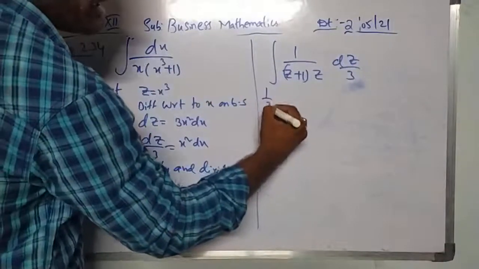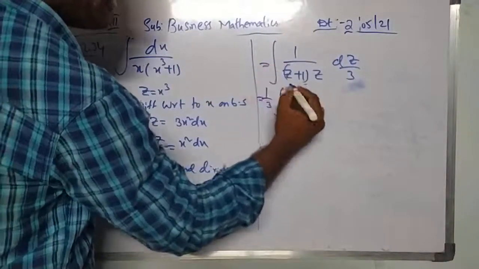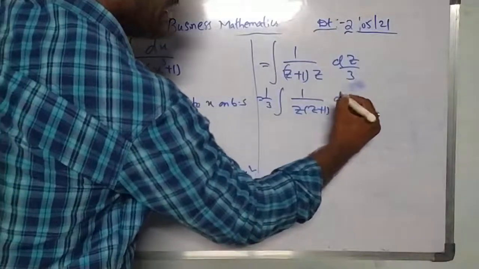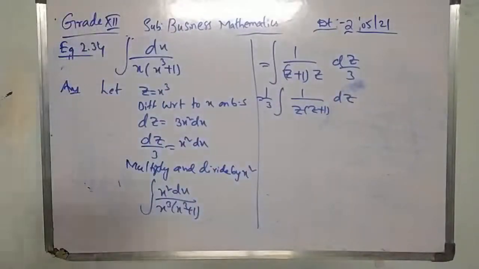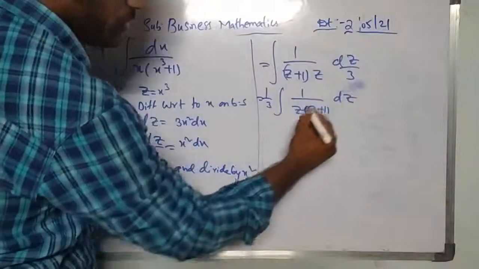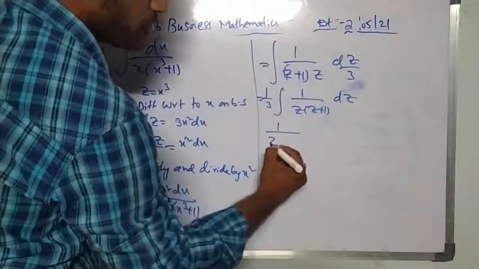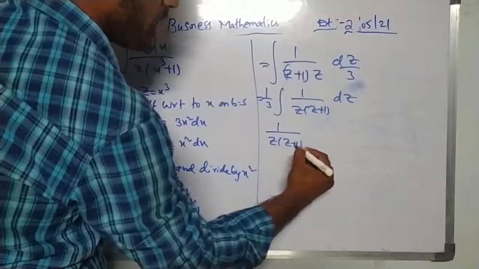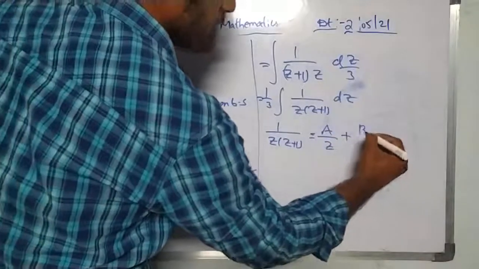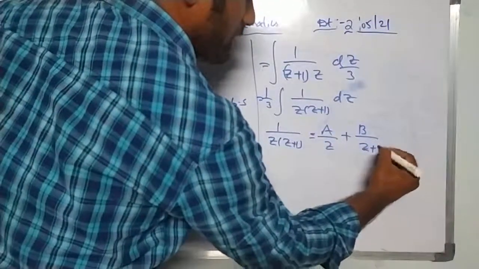So 1 by 3 we can take it outside. So what is left here? Z into z plus 1 dz. So already we have learned the partial fractions, so let us make use of the partial fractions here. Only this term we are taking. 1 by z into z plus 1 can be written as a by z plus b by z plus 1.